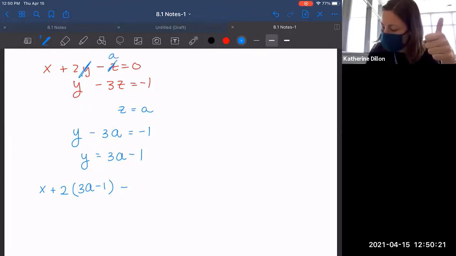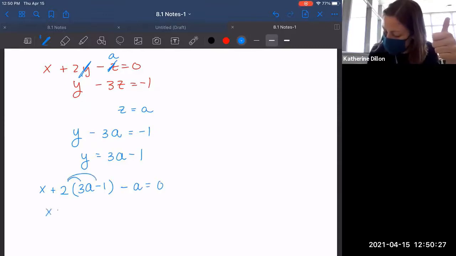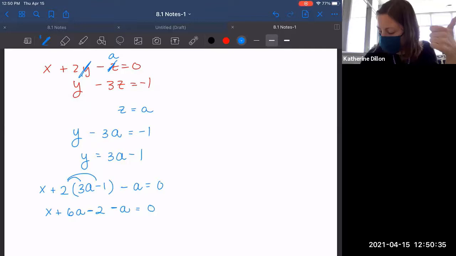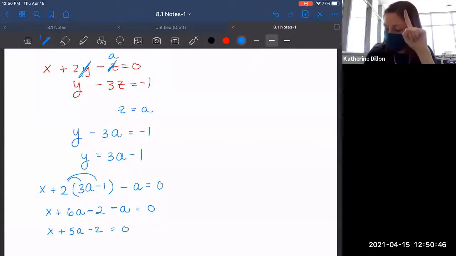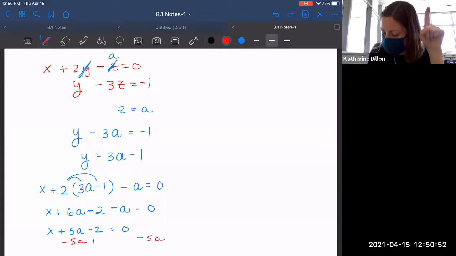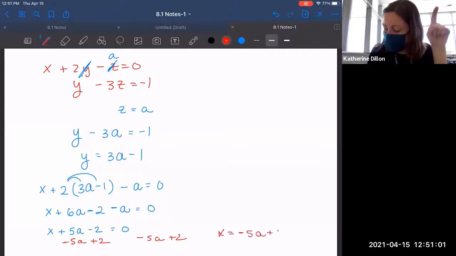And for z, I plug in a. So now I need to distribute. I have x plus 6a minus 2 minus a equals 0. If I combine like terms, I get x plus 5a minus 2 equals 0. But I need to get those over to the other side. So I need to subtract 5a from both sides, and I need to add 2 to both sides. So I end up with x equals negative 5a plus 2.